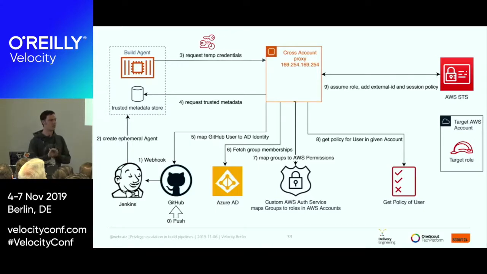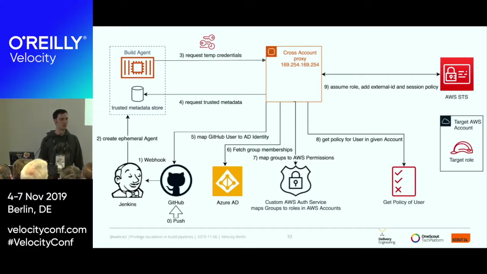So it's basically doing an assume role call, but we are adding a lot of additional things here. So the first thing, or the most interesting thing, is the session policy. This is sort of a permission boundary you can add to an assume role, which means no matter what role I'm getting, how many permissions this role is having, I can't go beyond the permissions that are defined in the session policy.